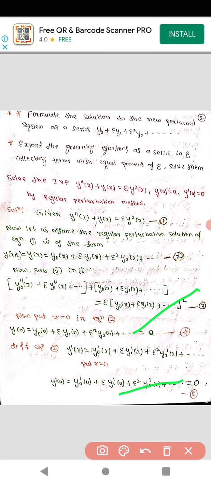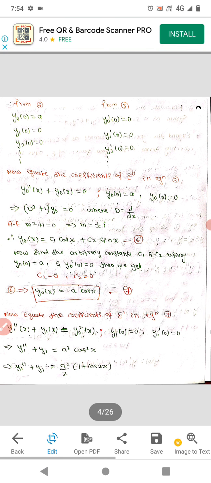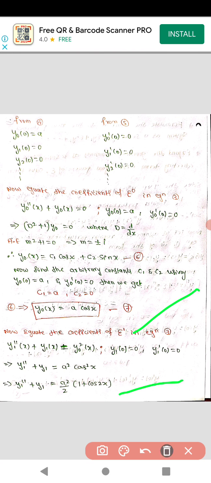It means that from equation 4, y naught of 0 equals a, y1 of 0 equals 0 and y2 of 0 equals 0. From equation 5, y naught dash of 0 equals 0, y1 dash of 0 equals 0 and y2 dash of 0 equals 0.